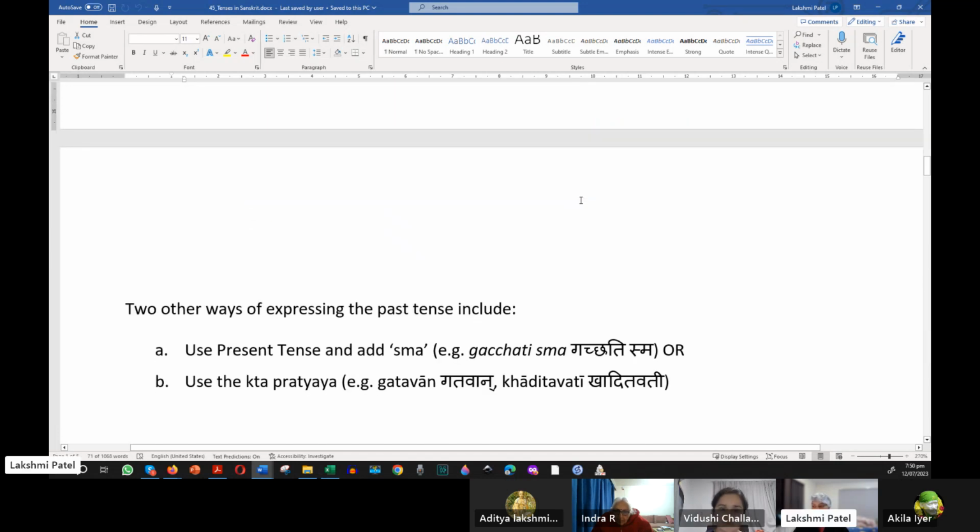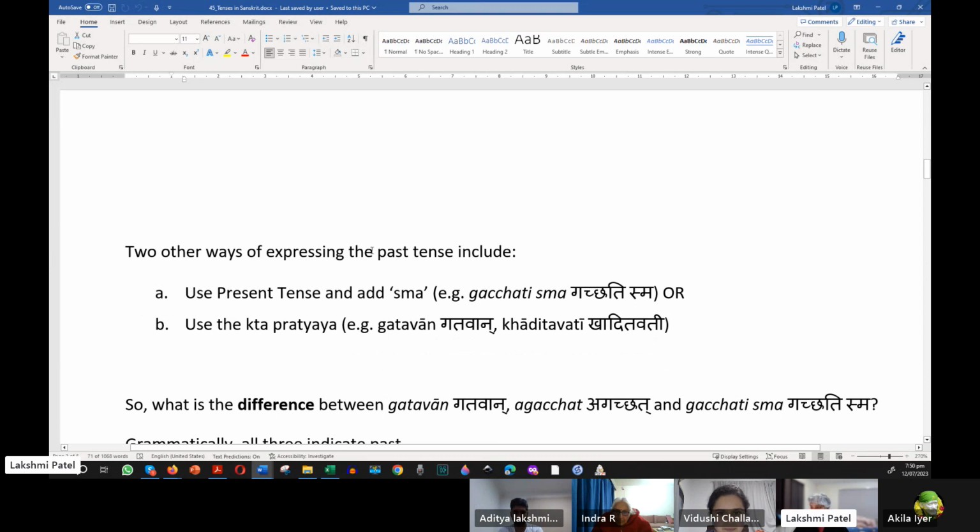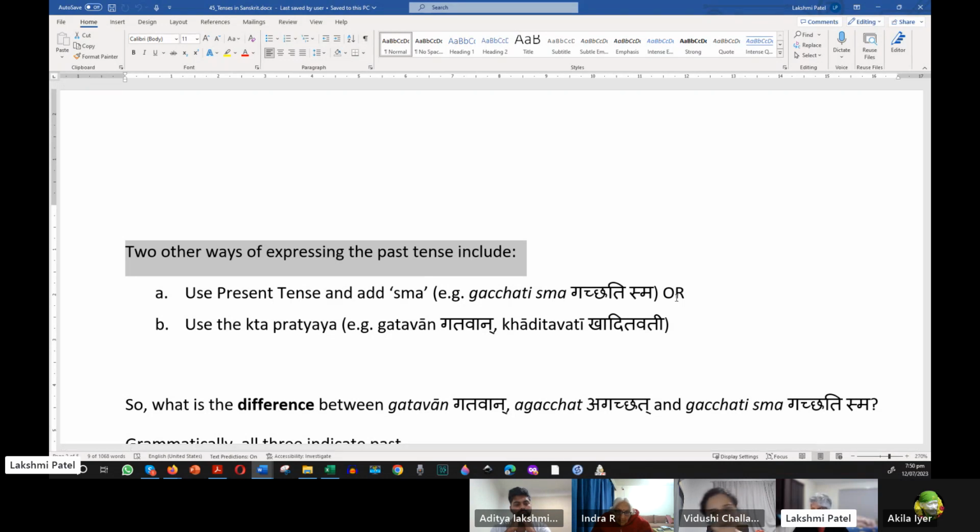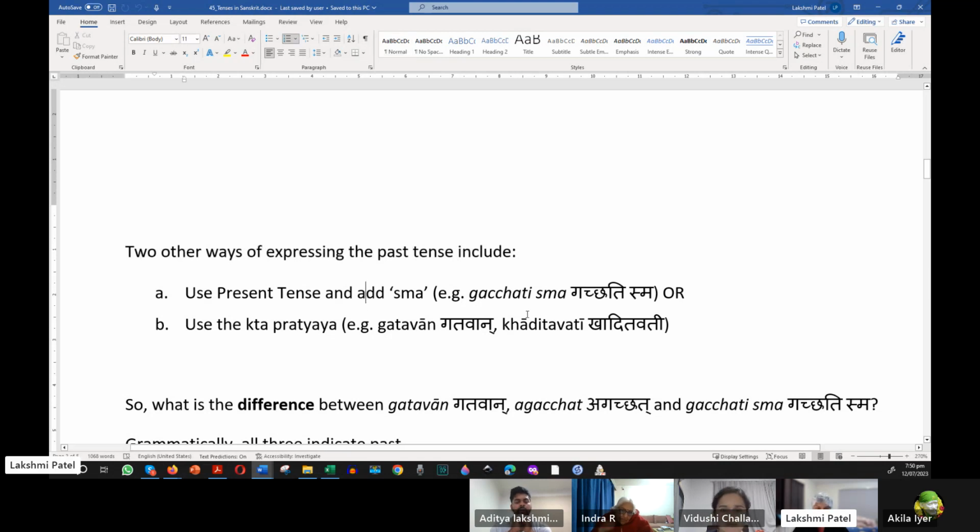Now we come to, okay, this is just a note. We also know two other ways of expressing the past tense. One is the ta pratyay, which is gatavan gatavati, patitavan patitavati, khaditavan khaditavati. And the other is adding sma: gacchati sma, gacchami sma, pathami sma, khadati sma. Okay?